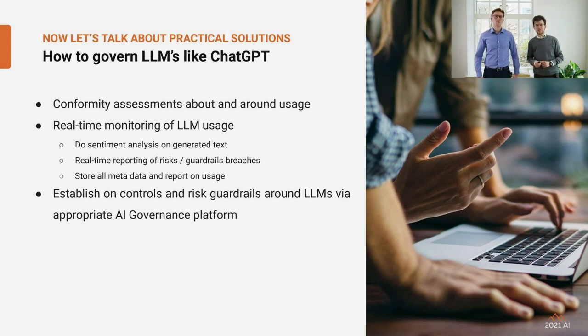Based on that, a suitable system should be able to establish controls and risk guardrails around that large language model, for example certain platform capabilities, assigning rules, or things like that. Now, how that can look in an active demo environment, this is what we're going to show you in the next video clips.